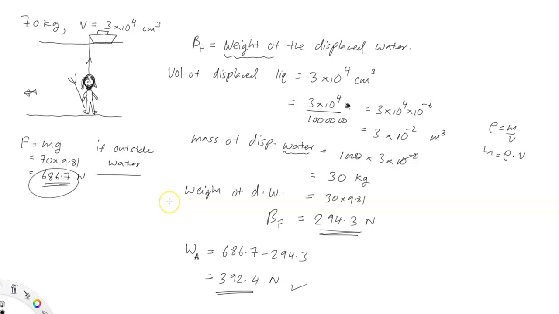Alright, so let's move on. Let me clear this. A couple of important points. Let's say here's water, and if it is fresh water, we know the density is 1000 kilograms per meter cubed.